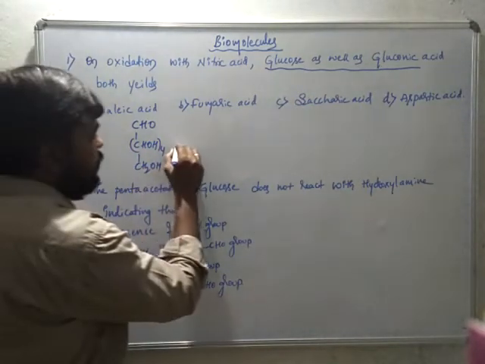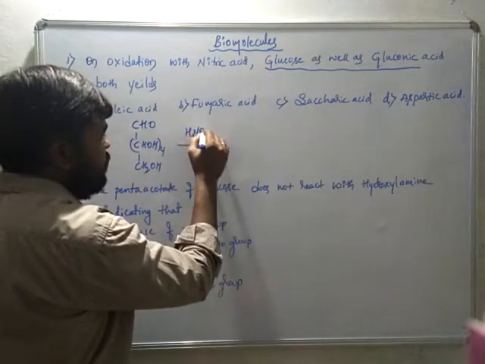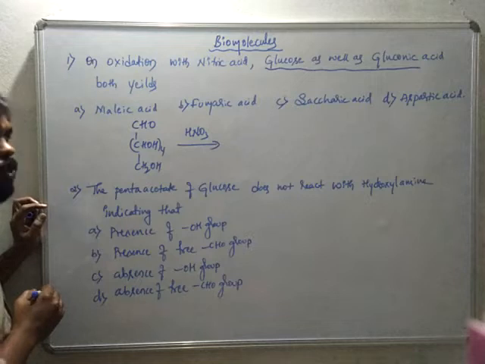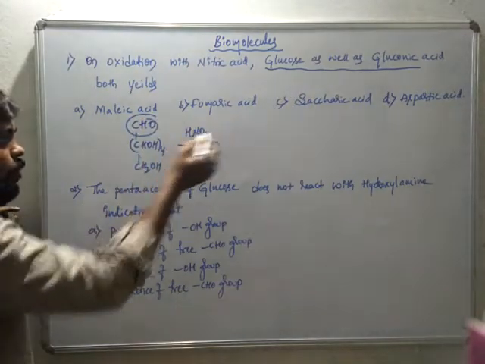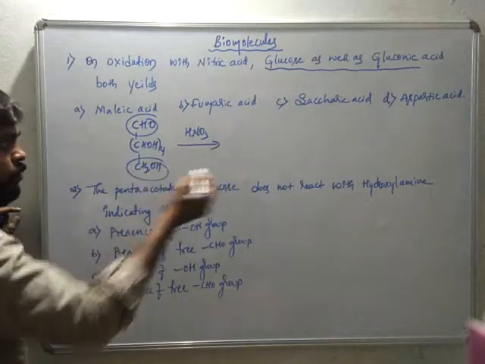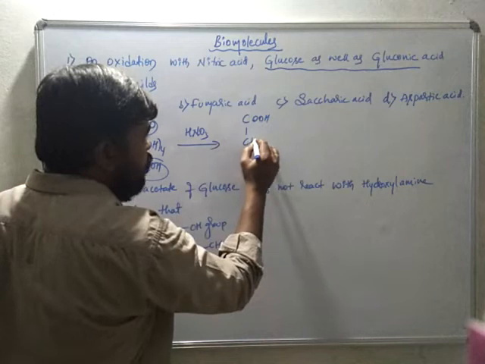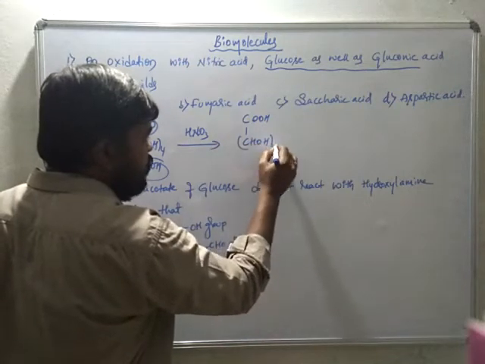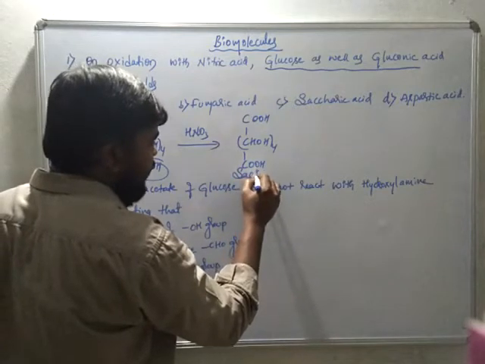Upon treating with concentrated nitric acid, which acts as a strong oxidizing agent, it oxidizes both the aldehyde into carboxyl and the primary alcohol into carboxyl, giving COOH, (CHOH) taken 4 times, COOH. This is saccharic acid.